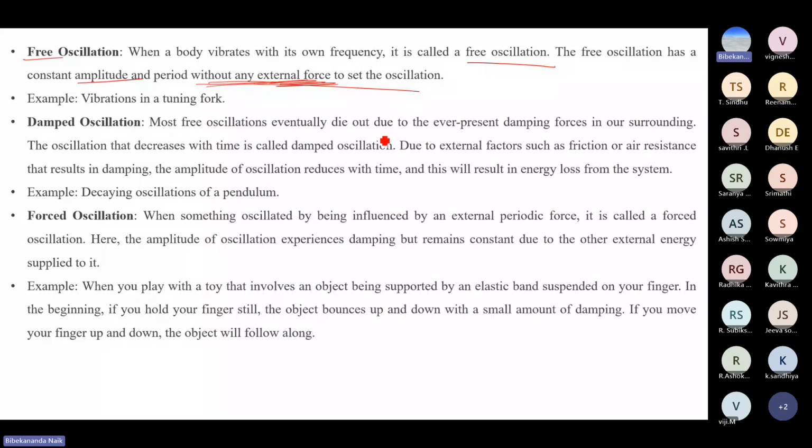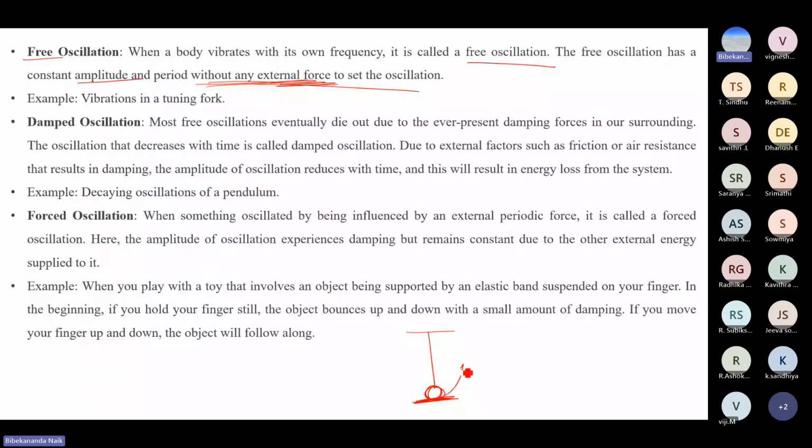Most free oscillations eventually die out due to the ever-present damping forces in our surroundings. Suppose you take the example of a simple pendulum. The equilibrium position of the simple pendulum is here, and it has minimum energy here.